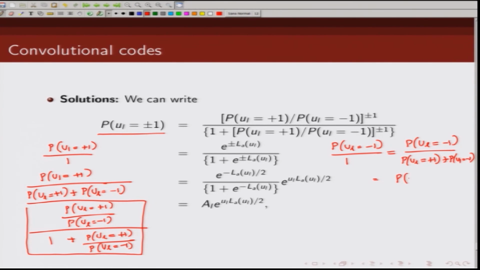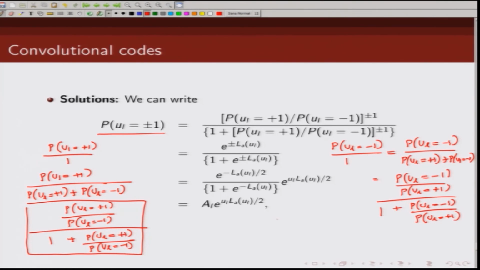So, this will be probability of UL equal to -1 by probability of UL being +1, over 1 plus probability of UL being -1 by probability of UL being +1, right.